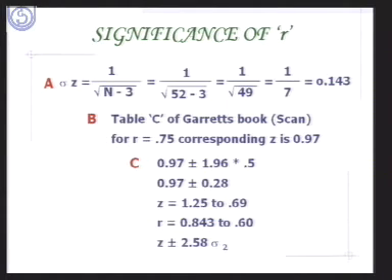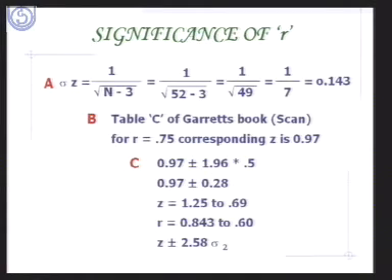Here I have referred to Garrett's book table. Suppose R is equal to 0.75. If we are interested to find out whether that particular coefficient of correlation is statistically significant or not, we convert this R using the table and get the value of Z, and fortunately here the value is given as 0.97.